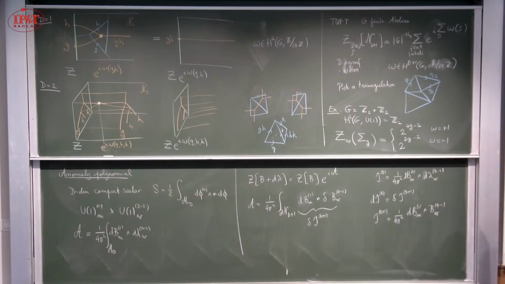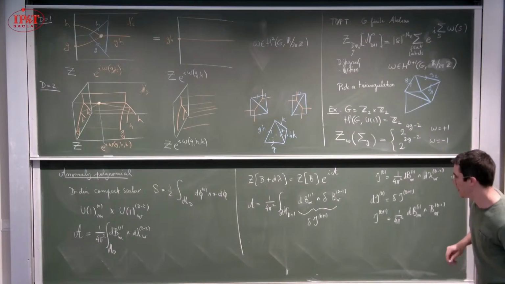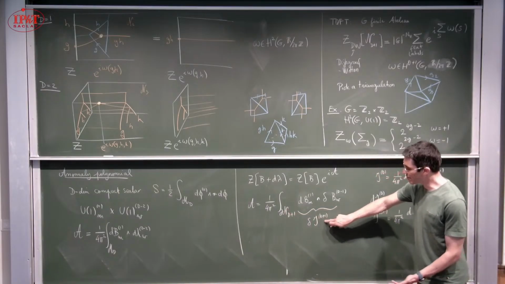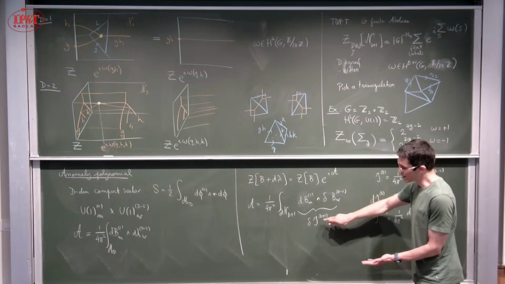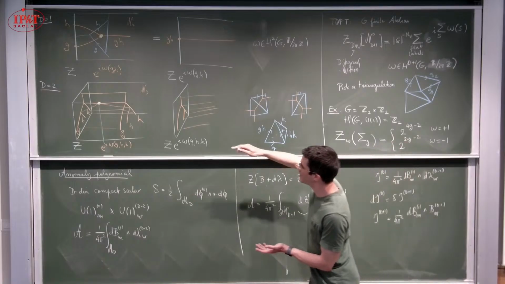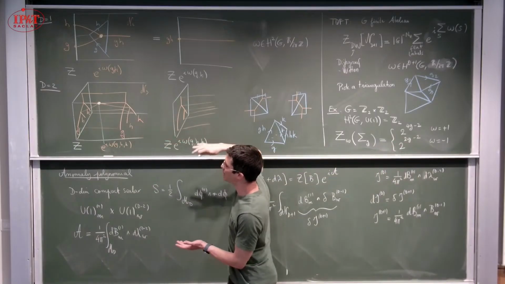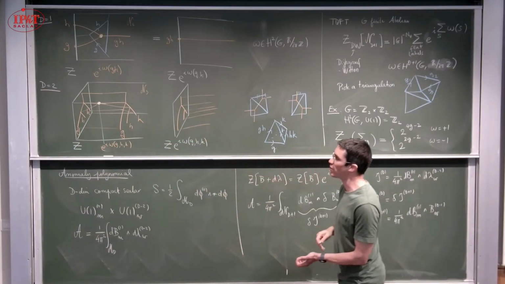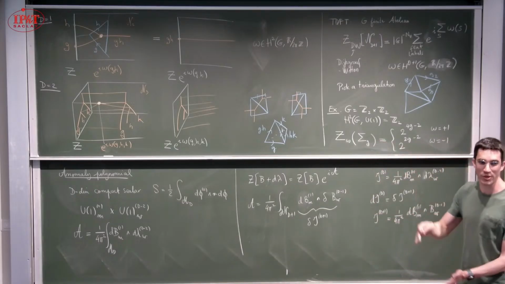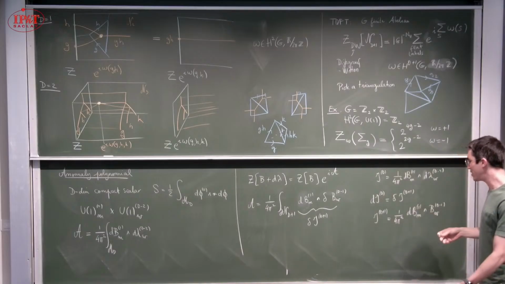Now we have this integral of the variation. The integral of the variation is equivalent to saying we can pick two slightly different ones, and then the full anomaly is the integral over what is in between, which is yet one more dimension.